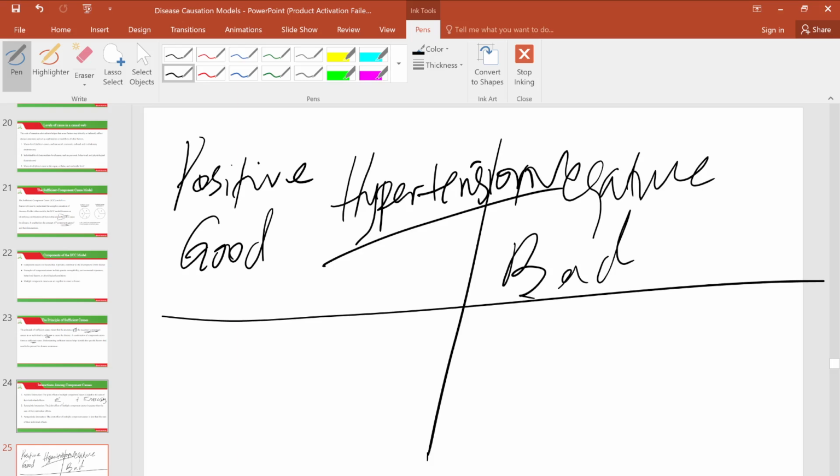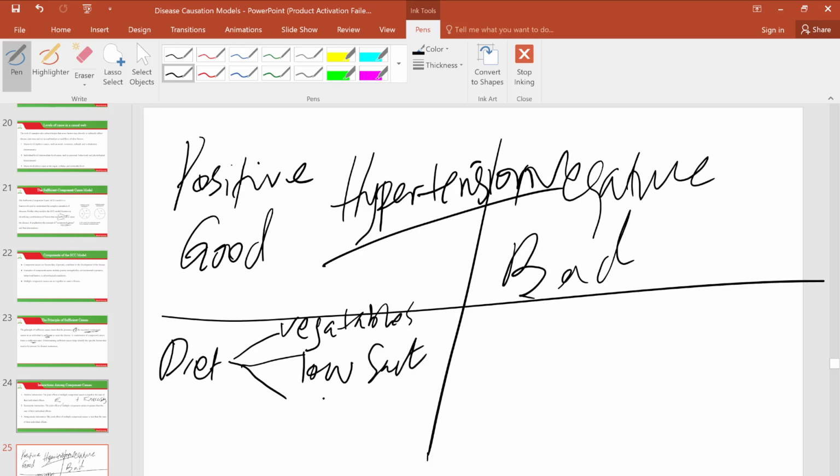So what happens with hypertension? If you are a good person, you are taking a good diet, with a lot of vegetables, low salt, and low cholesterol.